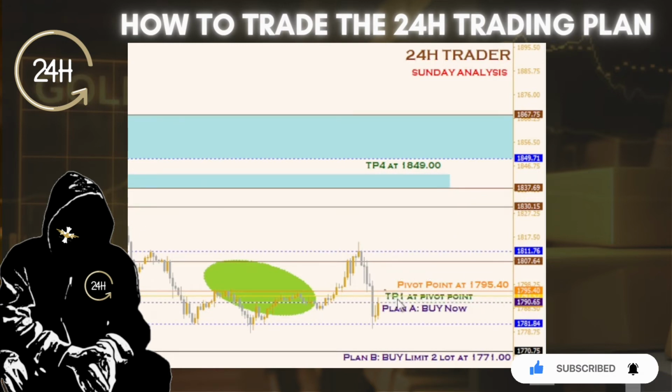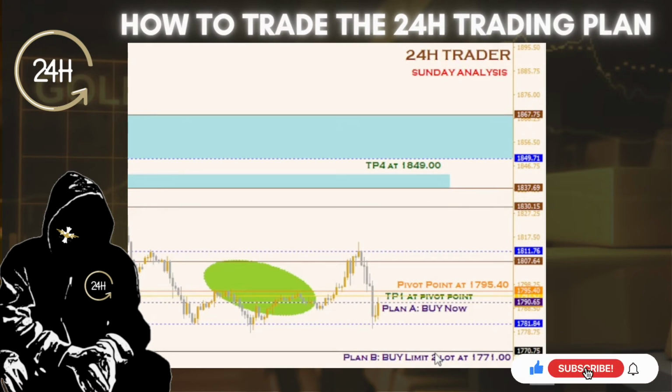Because I prefer my mitigation trade to be picked rather than wait for it to go to pick, rather for it to bounce not from the first retest of this area. So yeah, plan A with one lot will be buy now at 1790.65 when the market opens on Monday.